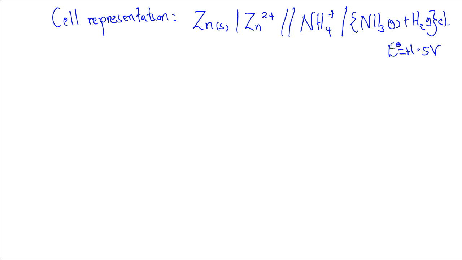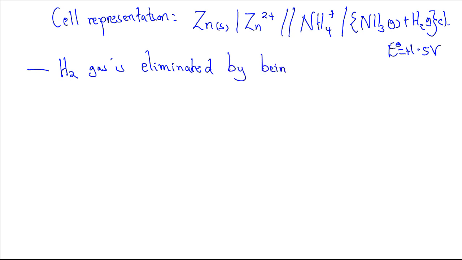Both ammonia and hydrogen gases produced, when left and reacted, will coat the carbon terminal, and this reduces the conduction efficiency of the positive terminal. Hydrogen gas is therefore eliminated by being oxidized by manganese 4 oxide.